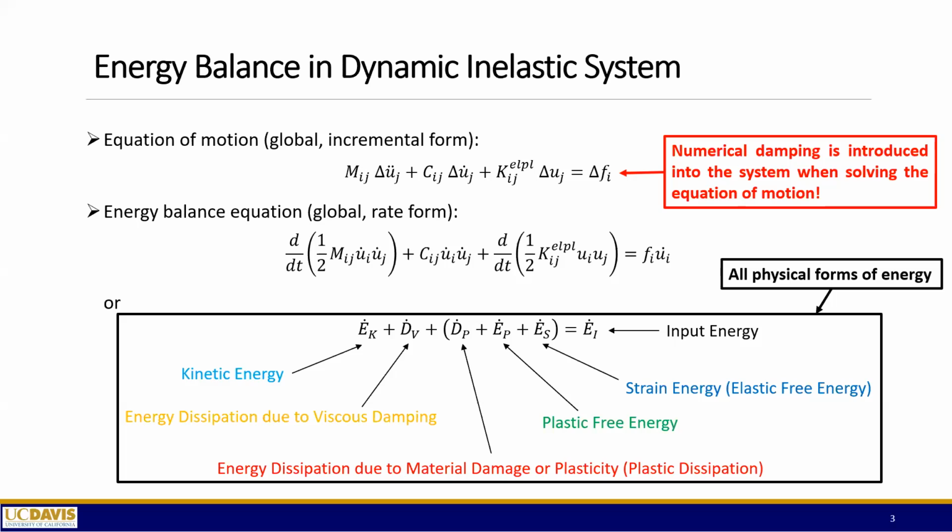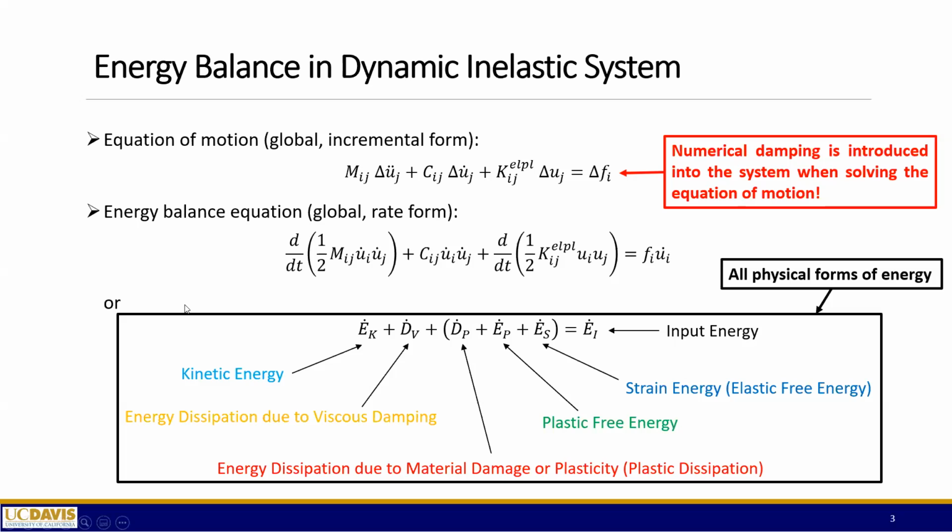So again, we start from the energy balance in a dynamic inelastic system. As we have seen before, we can derive the global energy balance equation from the global equation of motion here. And then here we have all the physical terms of energy, including the kinetic energy and strain energy and all the energy dissipation mechanisms we have talked about before.